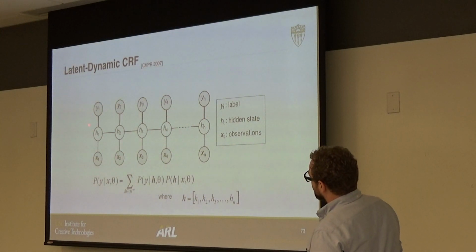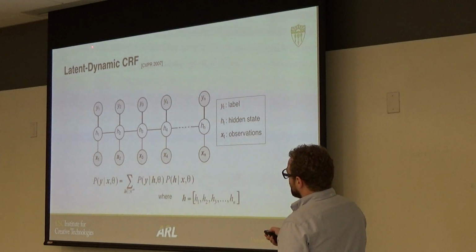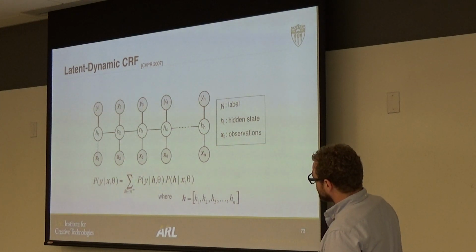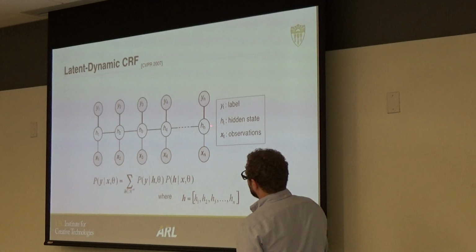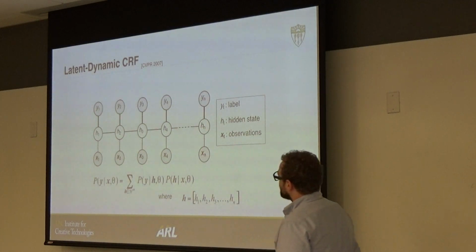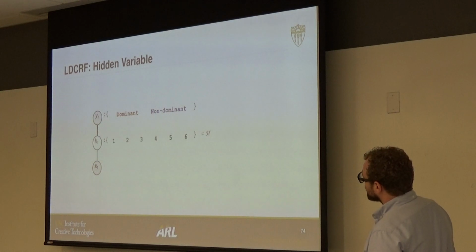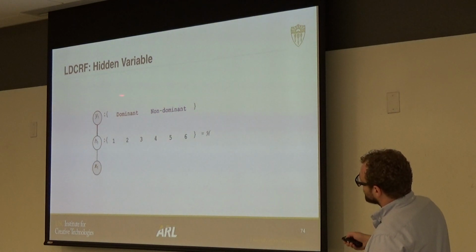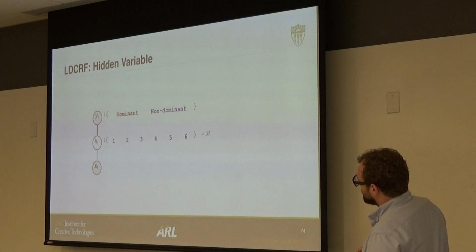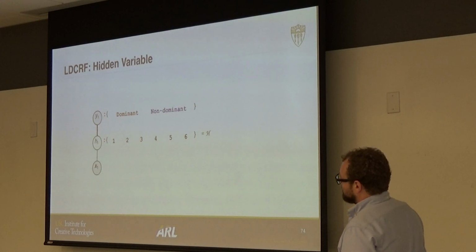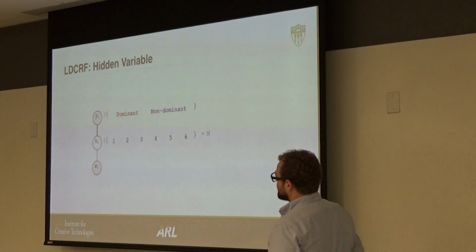So this is an example of the latent dynamic CRF, which has these hidden states that are being modeled. It looks like this, where we have, again, our dominant, non-dominant variables being observed, but then we have hidden states, and in this case we have 6 hidden states.